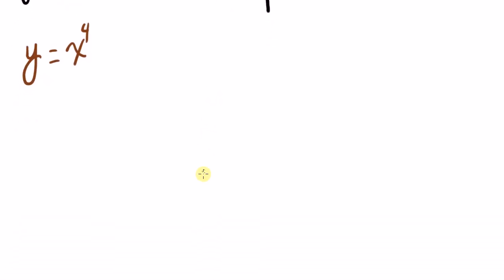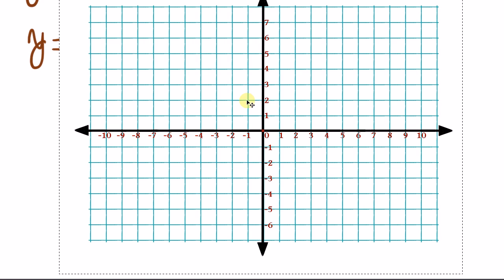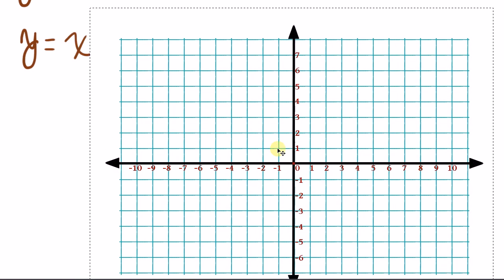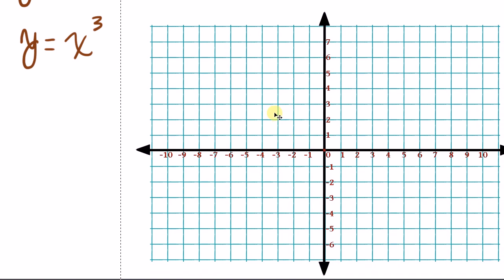Let's look at cube functions. So we have y equals x cubed. So we're going to draw our axis again. So just bring it in here, and we're going to do just a rough sketch of what x cubed might look like.